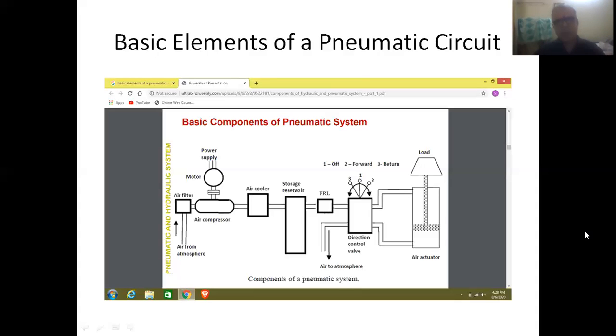So friends, these are the components of a pneumatic circuit. These are the basic elements, very essential for operating a pneumatic circuit. The compressor and cylinder are called primary components. All other items are referred to as secondary components.